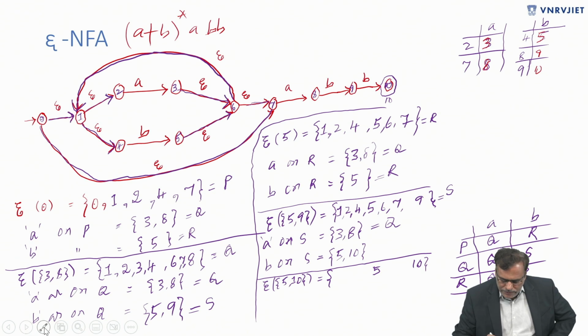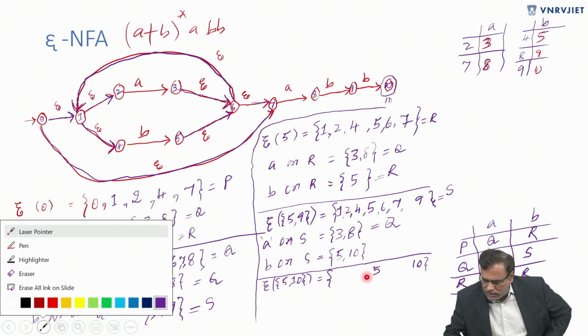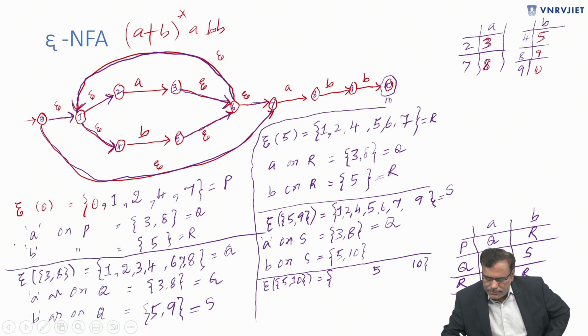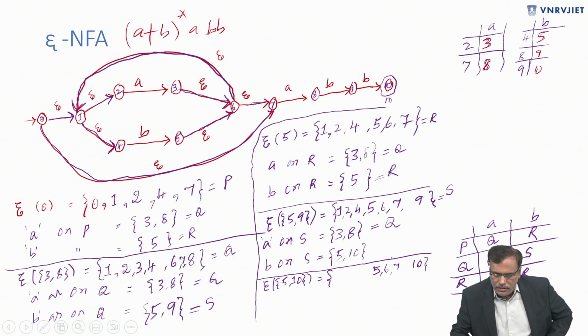What must be added? 5 is already there. 6, 7, 1, 2, 4. So from 5 that is fine. From 2, can you go to any other state on epsilon transition?